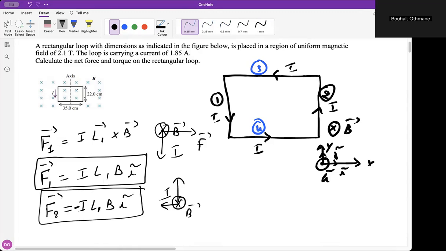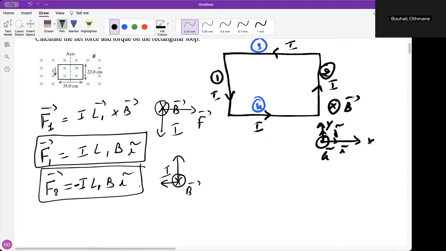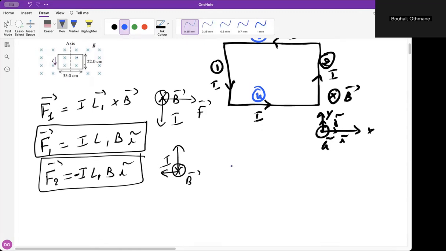Then let's go to side 3. For F3, the current is going this way and the magnetic field is going this way. So I cross B will go in the opposite direction of j, which will be minus I L3 B j.